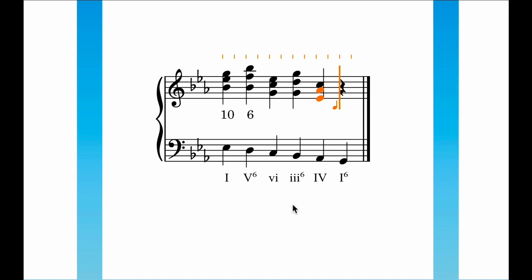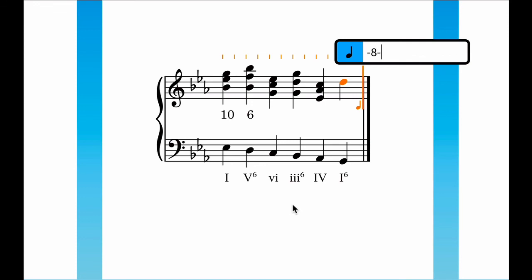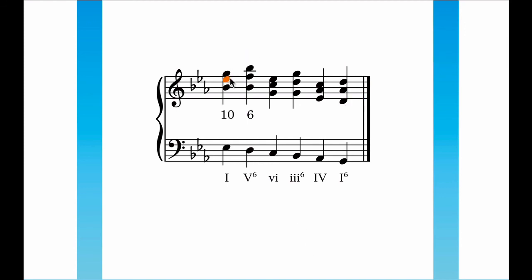And then D, 8, 4. So we get another pattern here with 10, 6, 10, 6, 10, 6. That linear pattern helps really sell that this is a sequence.